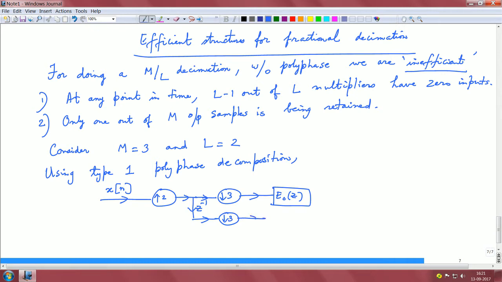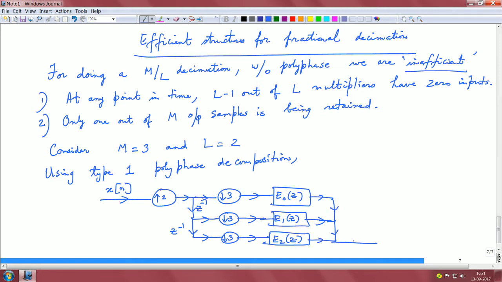We downsample this by 3, feed this to a filter which is E1 of z, and one more delay path for the last polyphase component. And then we sum all the outputs and we get what we want, and we have accomplished an M by L conversion.